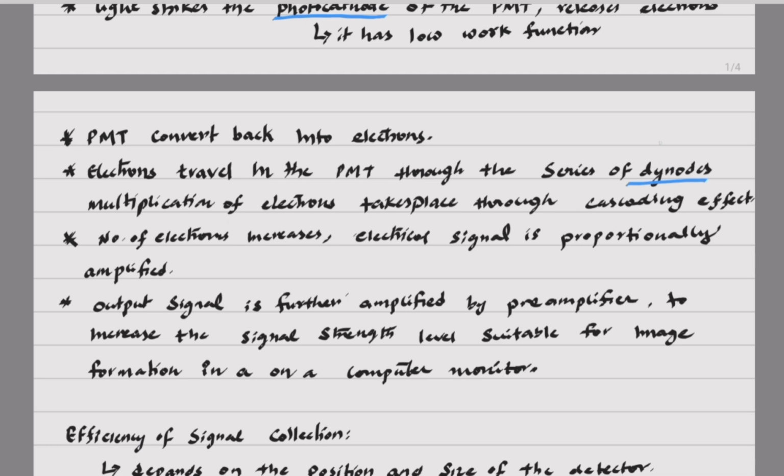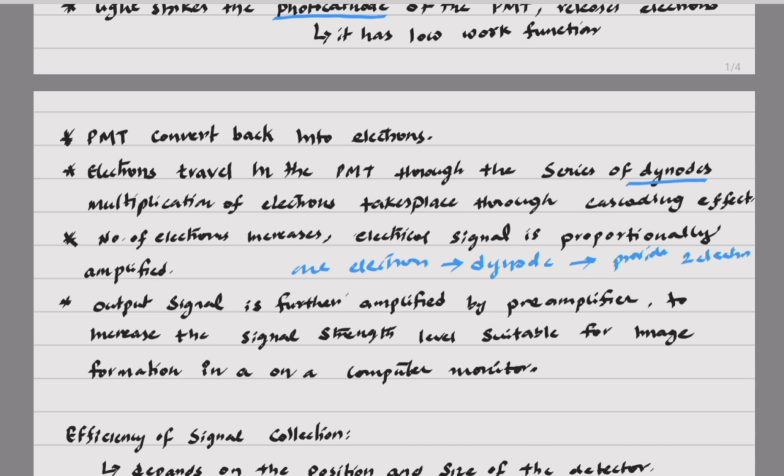Now these electrons travel in the PMT tube through a series of dynodes. These dynodes act for multiplication of electrons. For example, when one electron strikes a dynode, it will provide 2 electrons. In this way, multiplication of electrons takes place. As the electrons increase, the electrical signal increases proportionally.